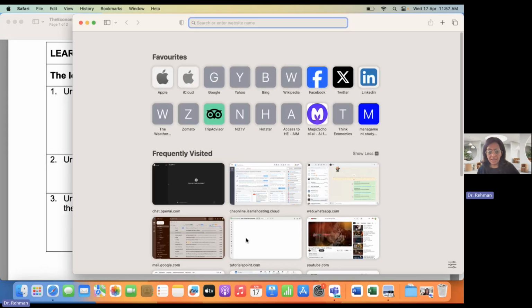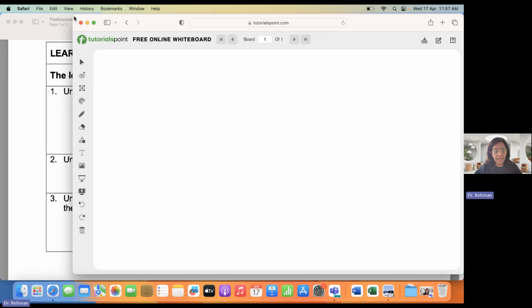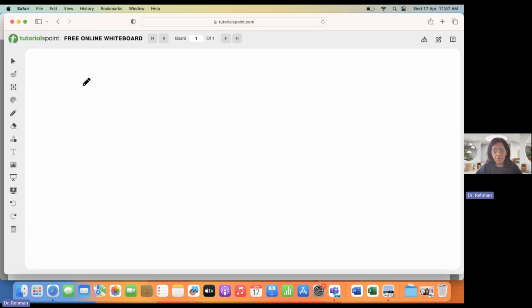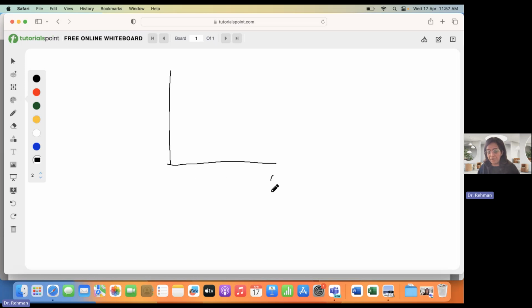Today we are talking about elasticity of demand, and I would want you to stick to only elasticity of demand and not go too much into elasticity of supply. In my last lesson, a quick recall of what we have done is what is demand and supply. In this diagram, we show quantity on this axis and price on this axis.